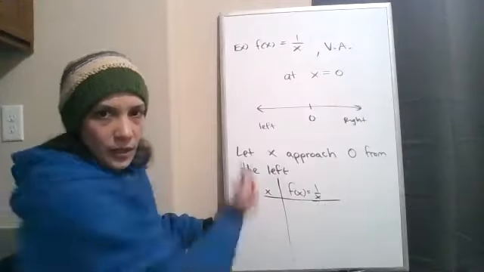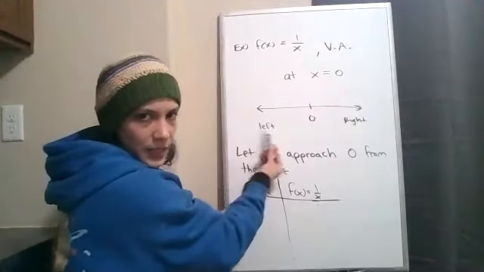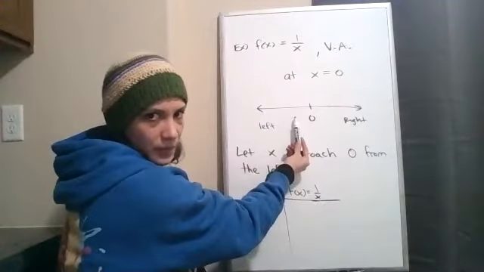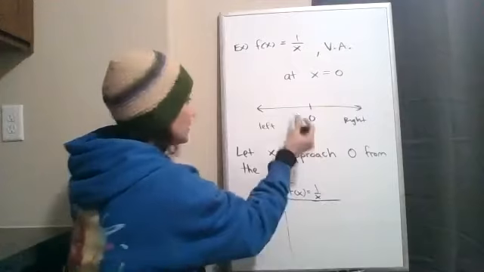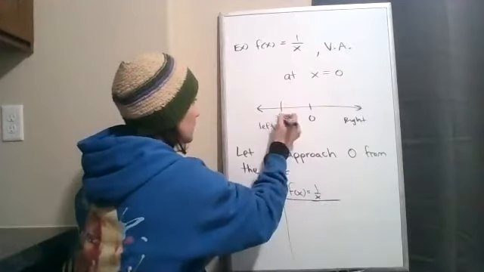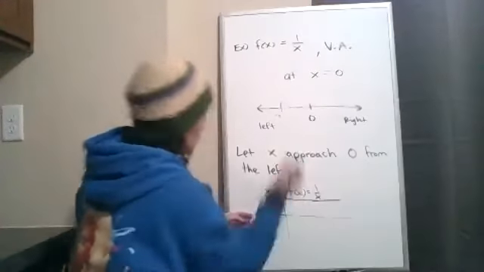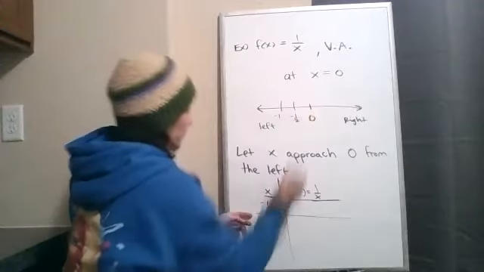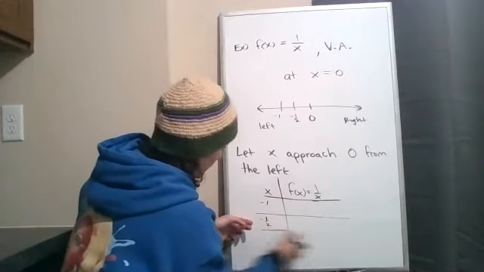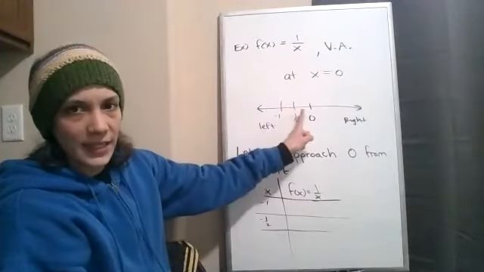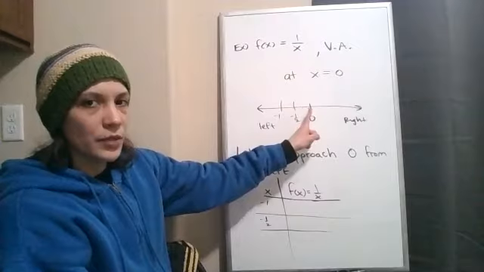Let's go like -1, then -1/2, closer to 0. Even closer would be like -1/10. We'll put -1 over 100.